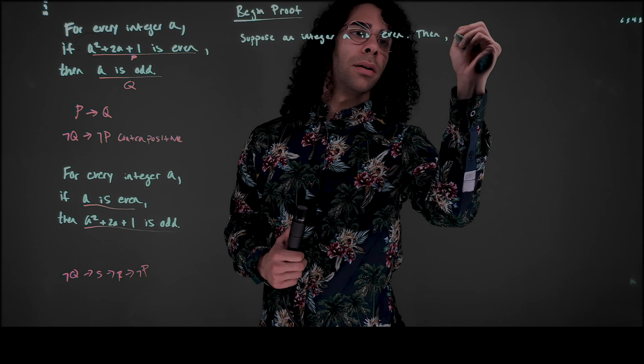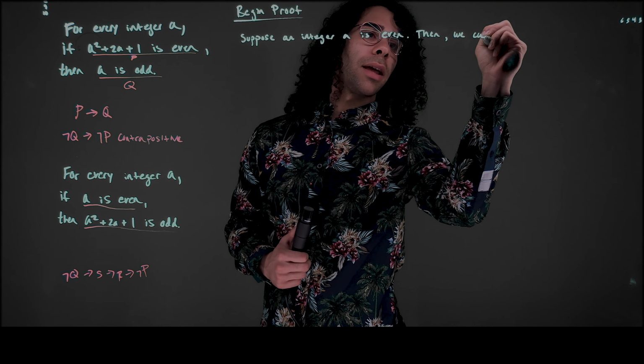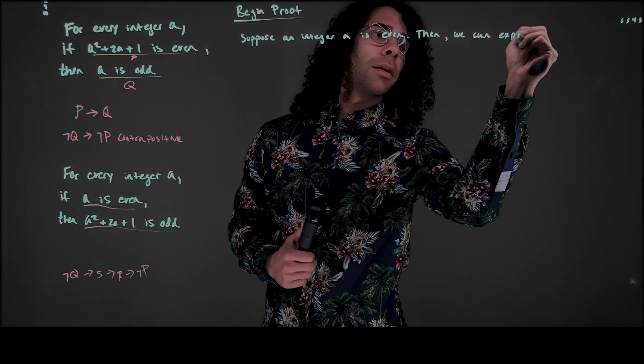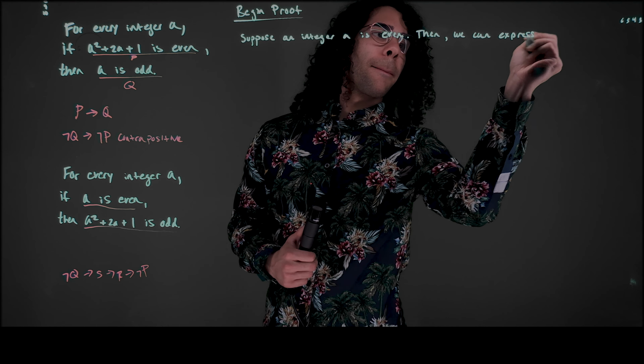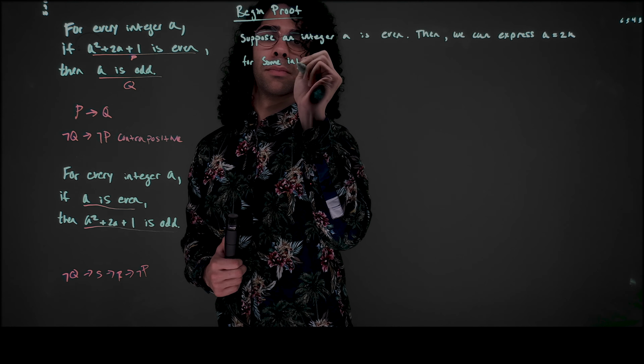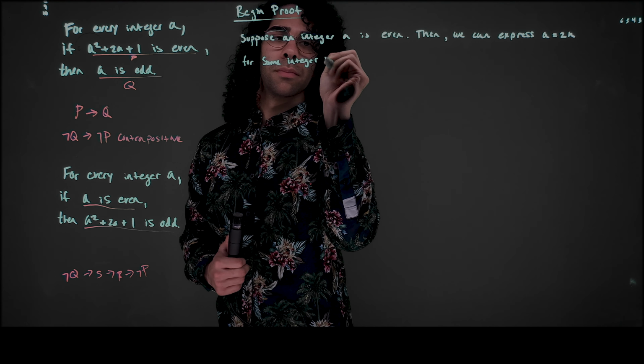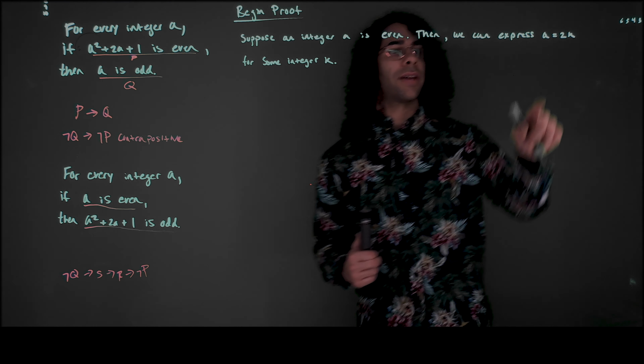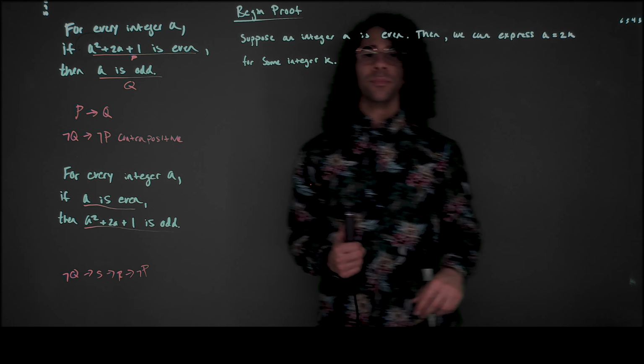Then we can express a equals 2k for some integer k. This is the definition of what it means to be even.